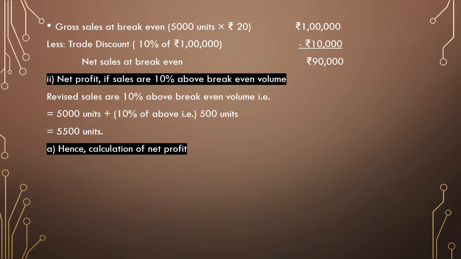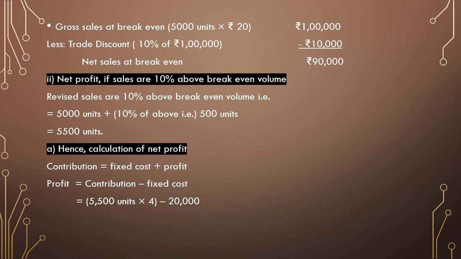Hence, for calculation of net profit, contribution is equal to fixed cost plus profit. We can say that contribution is another term for fixed cost plus profit. Hence, profit is equal to contribution minus fixed cost.